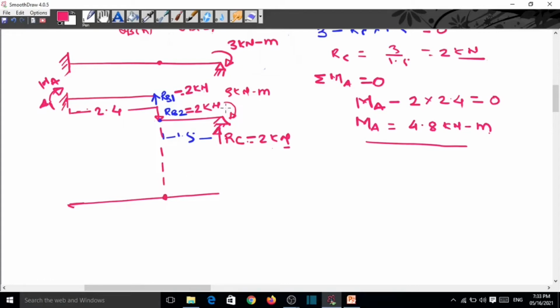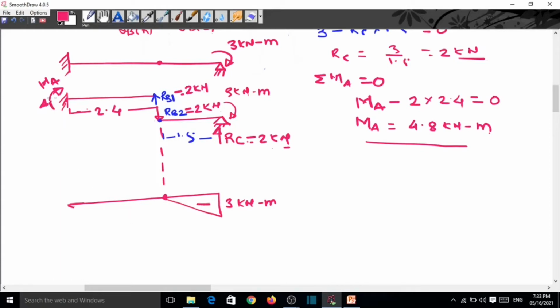Now at this support, this 3 kN creates the hogging bending moment, because it tries to lift this upward. So this is the 3 kN downward, because it is negative. Now we join this line, and this is the negative part.